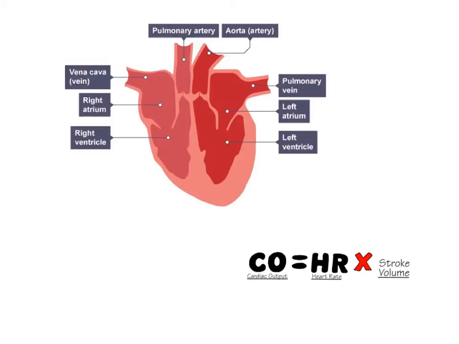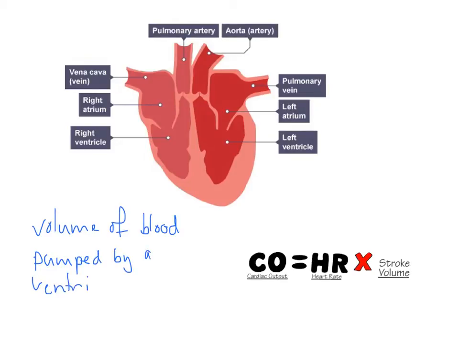One of the important things that we need to understand is this equation here. Now, cardiac output is described as the volume of blood pumped by a ventricle in 1 minute.